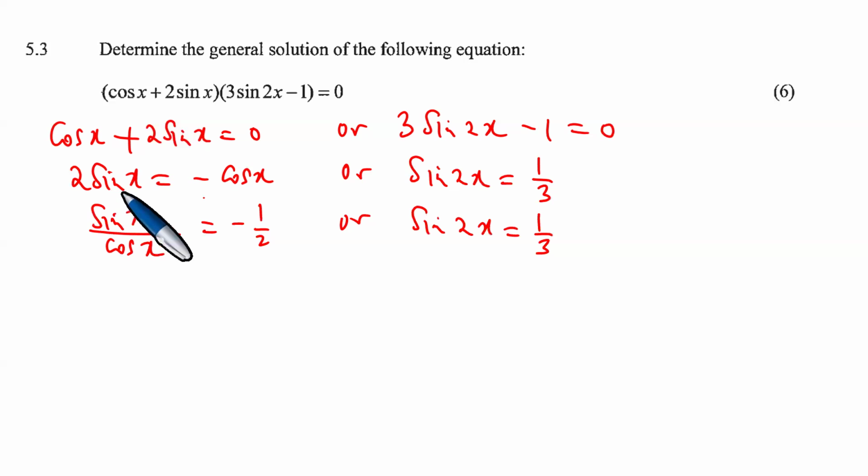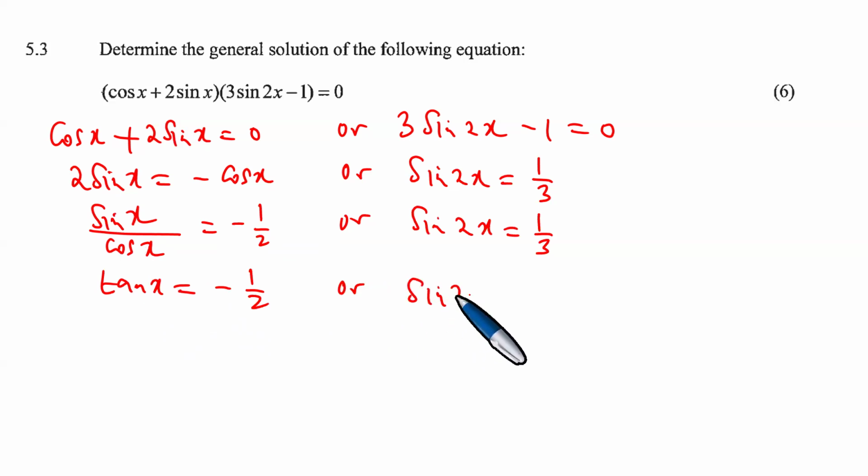Now sine of x over cosine of x gives us the tangent of x, which is equal to minus 1/2, or sine of 2x equals exactly 1/3.